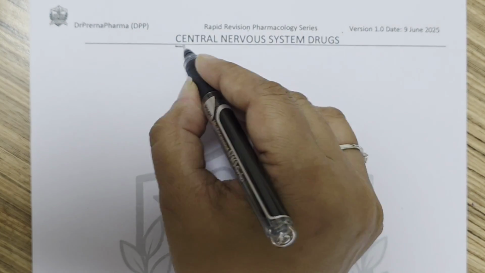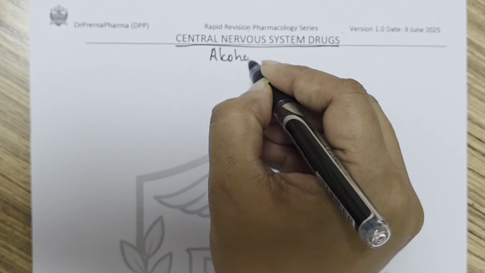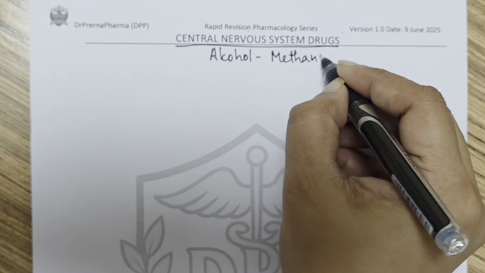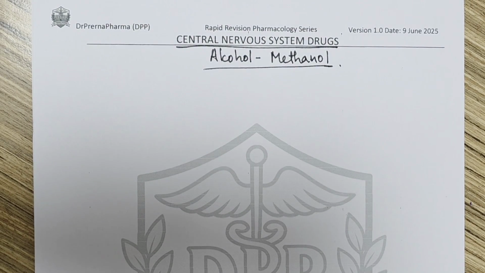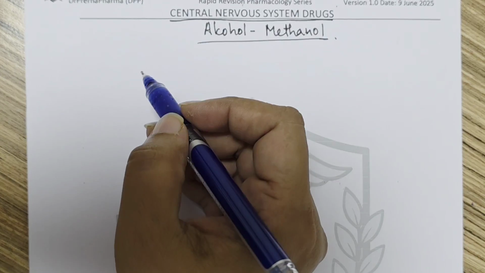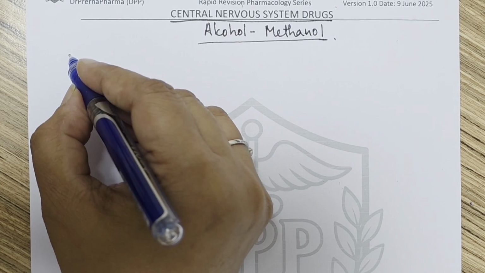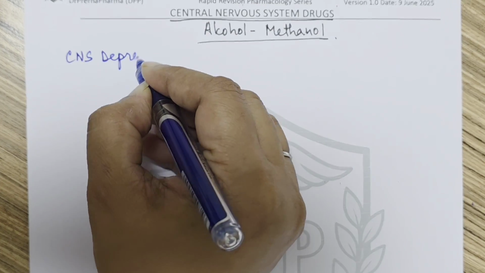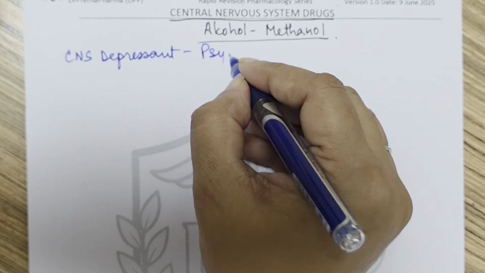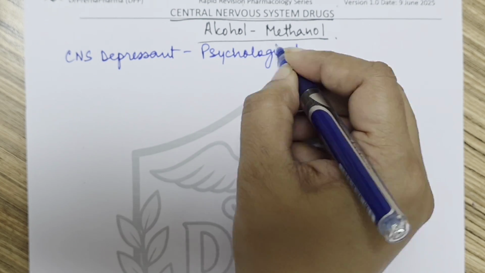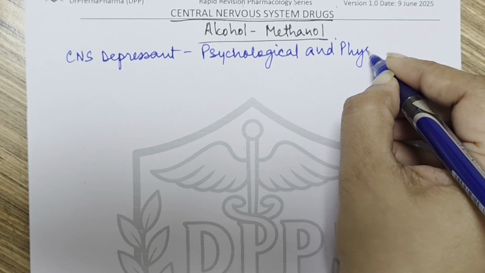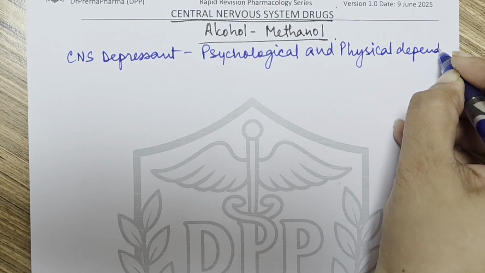So now let us see in CNS drugs the next important component. It is alcohol and methanol. Now this is an important chapter because a few MCQs many times are asked on these drugs also. So let's see about alcohol and methanol. Now alcohol is basically a CNS depressant, and it results in psychological as well as physical dependence, right? So this is the feature of alcohol.